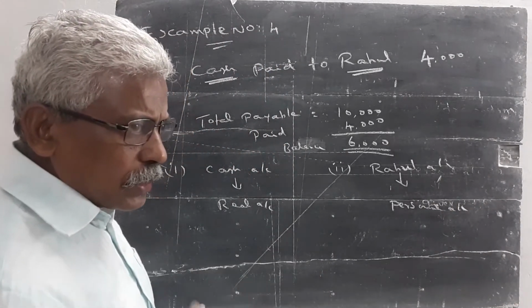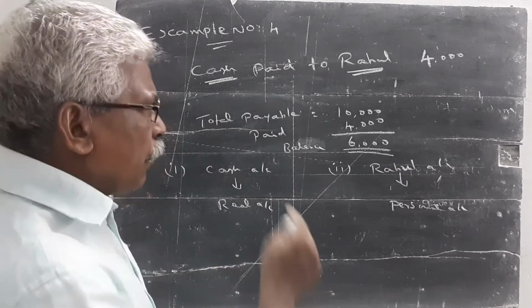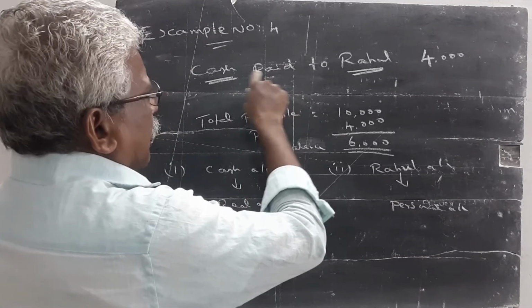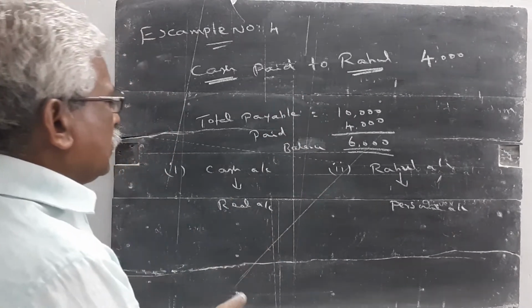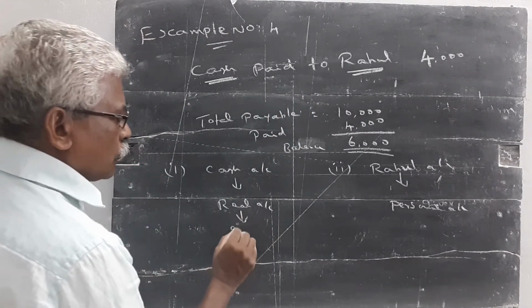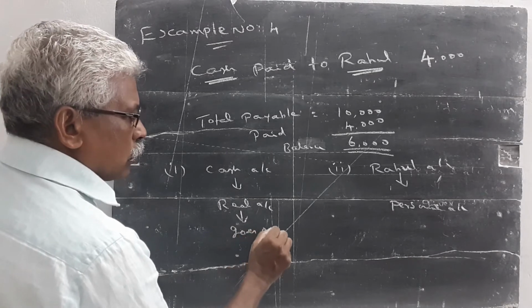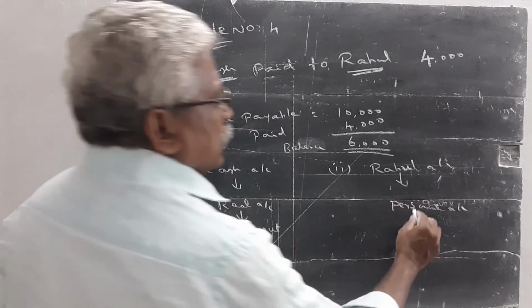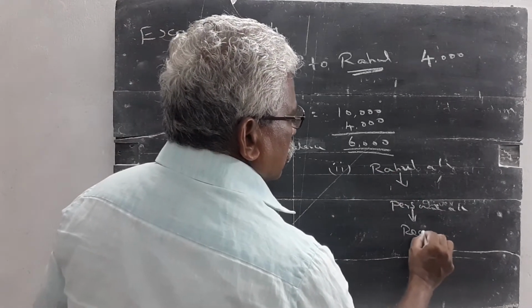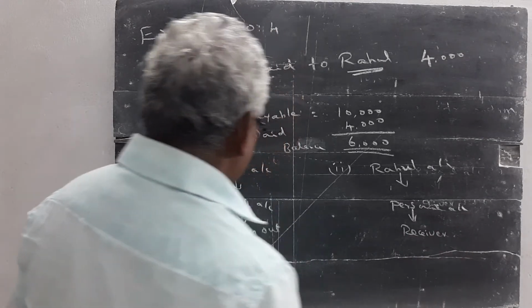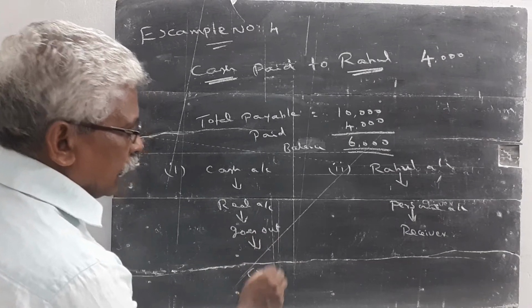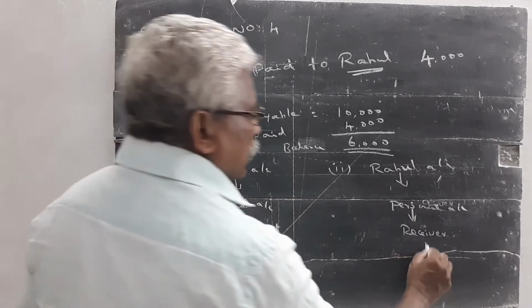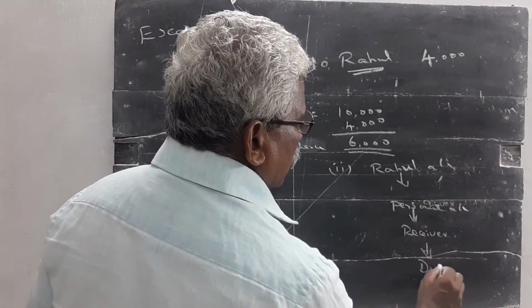Debit what comes in, credit what goes out. We paid cash to Rahul. When we pay cash, the cash goes out. Rahul is the receiver of this cash. So the cash account is credited. Rahul is the receiver, debit the receiver.